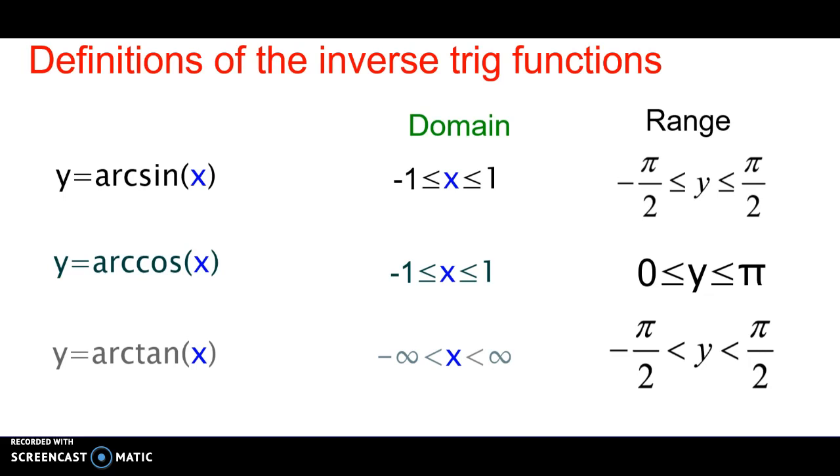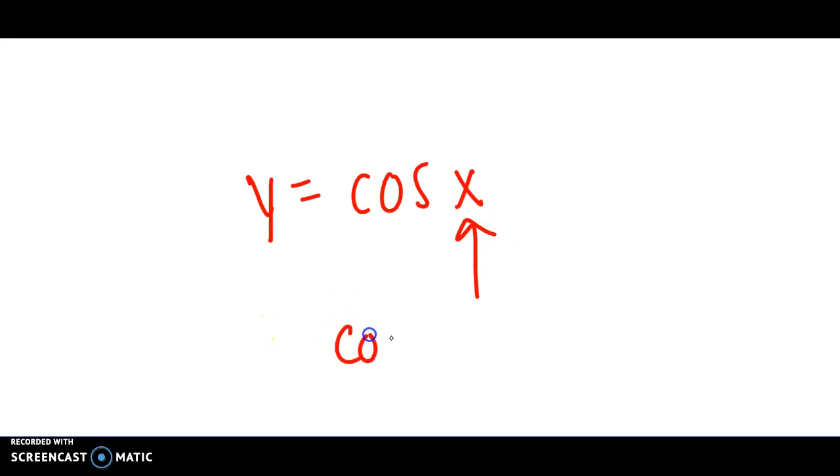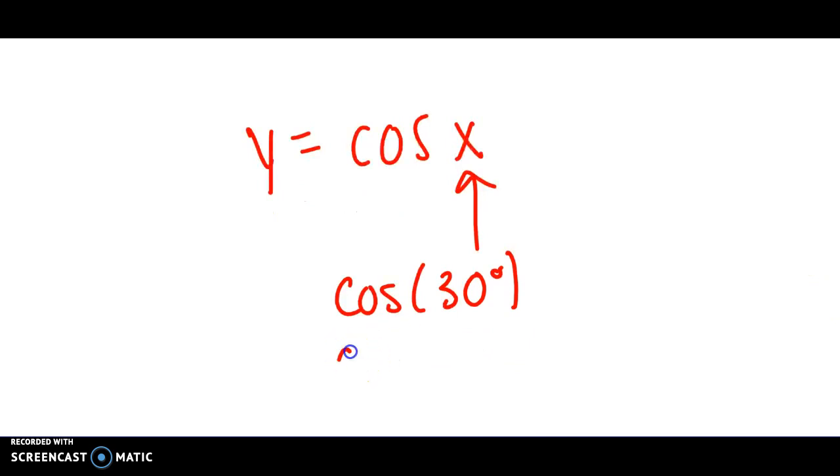Now, inputs and outputs here. You might not have this in your notes, which is fine. If I had y equals the cosine of x, think about what we used to input for x. I might do cosine of 30 degrees, or cosine of pi halves, or something like that.